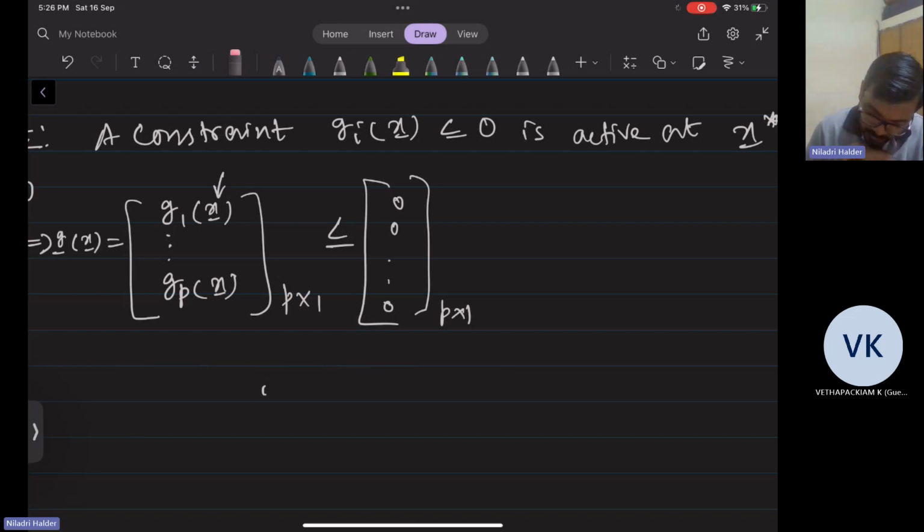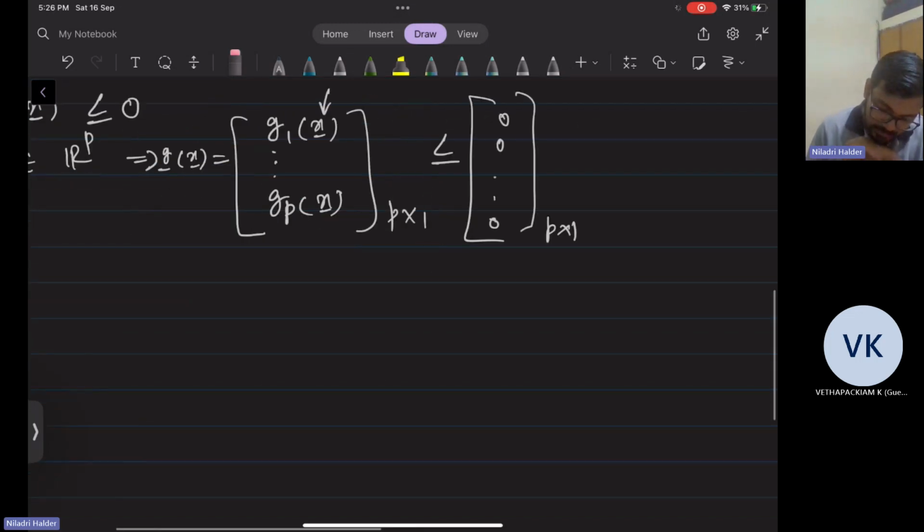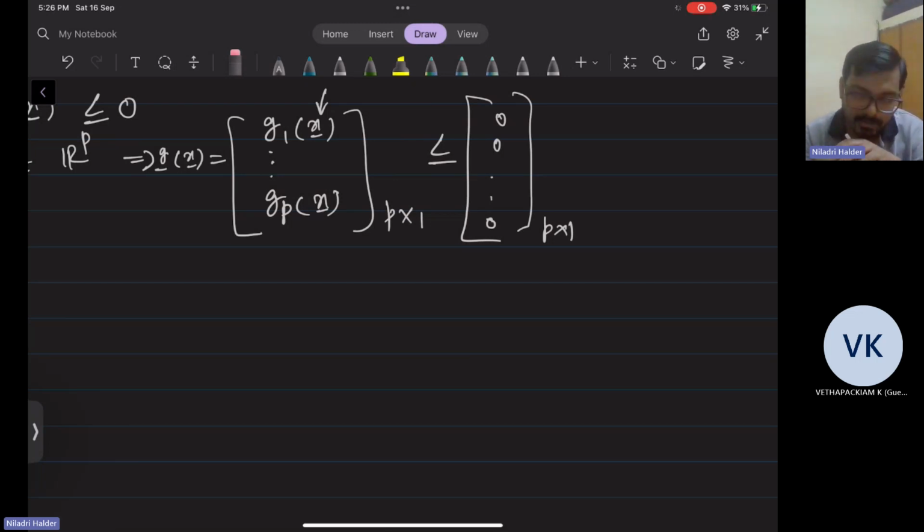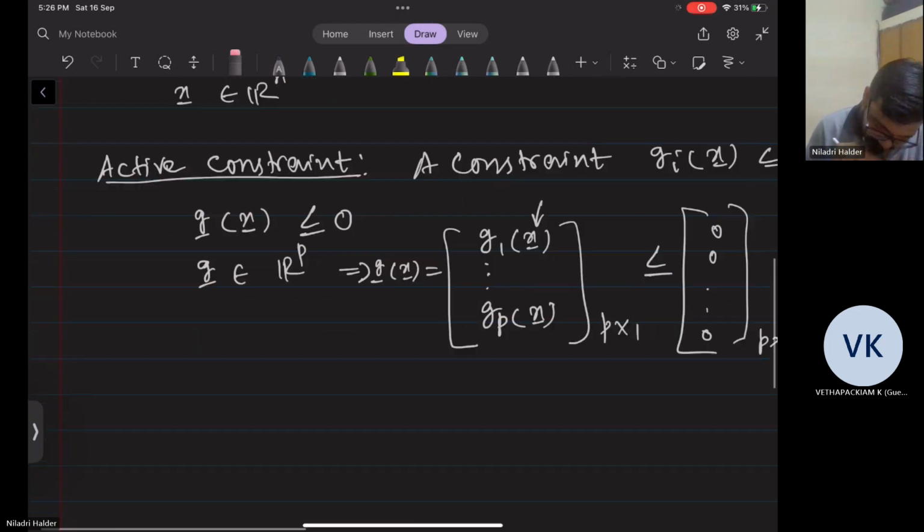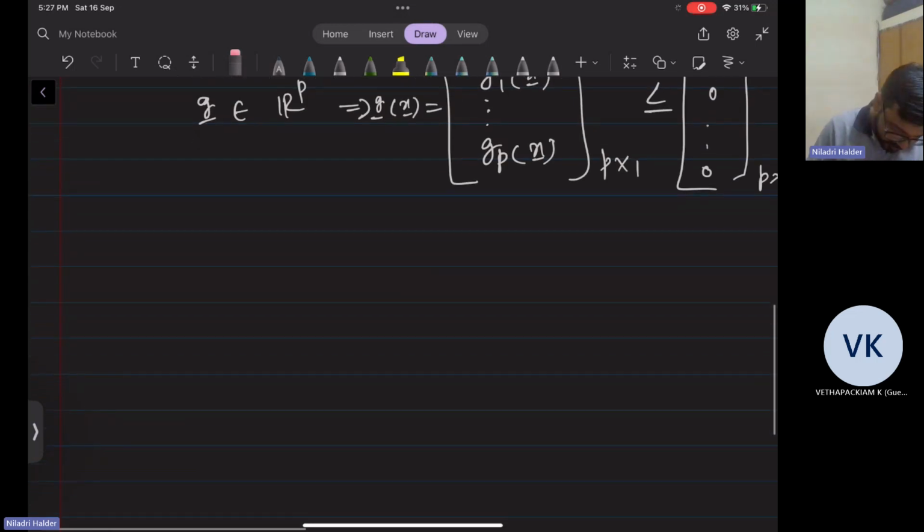So for certain values of x, some constraints may be 0, and we'll say that those constraints are active at those values of x. This is the definition of an active constraint.